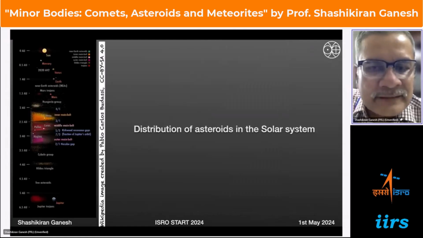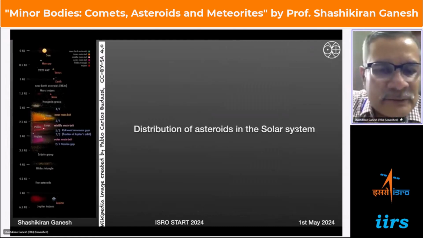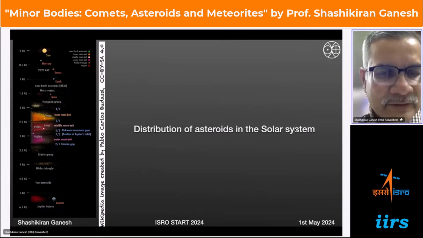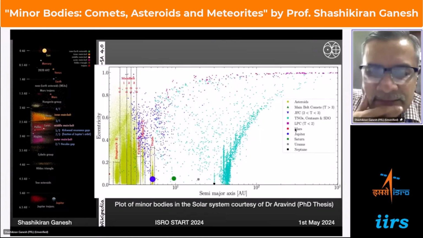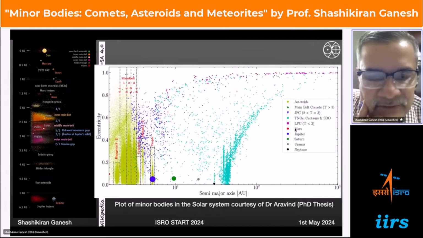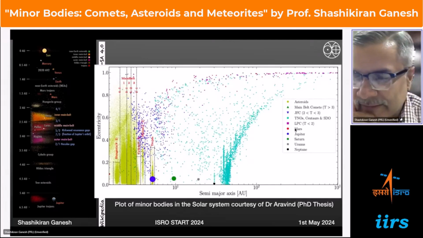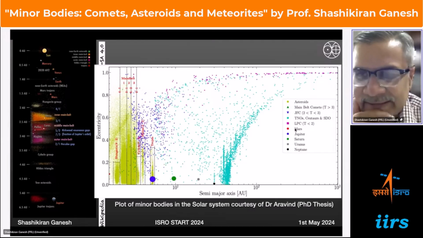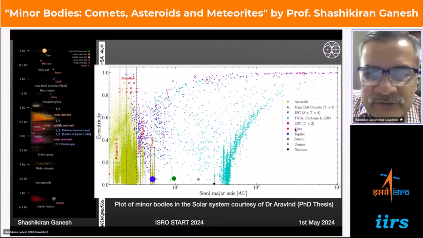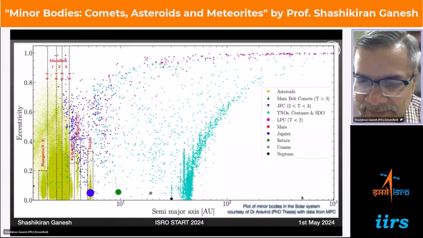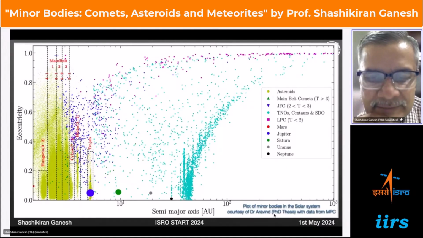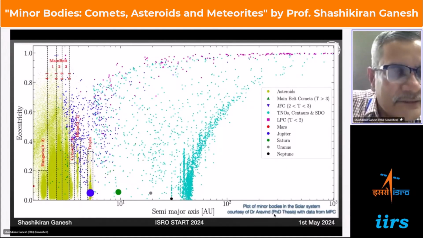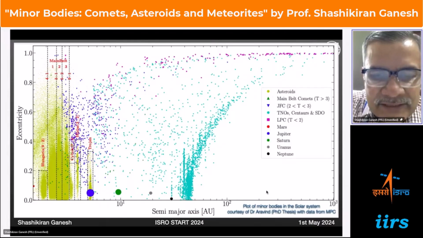Okay. Now let's come back to the orbital parameters of these objects, and we'll study the distribution of the minor bodies in the solar system. This is from Arvind's PhD thesis, and what he did was to use the data from the Minor Planet Center, which is a body of the International Astronomical Union, and they compile and maintain the details of all of the orbits of all the minor bodies.